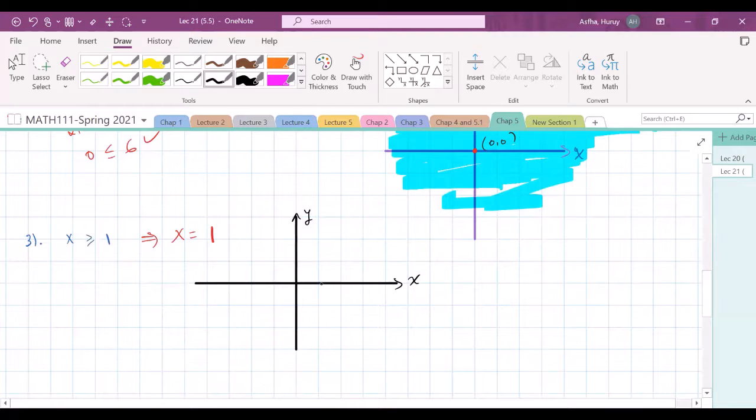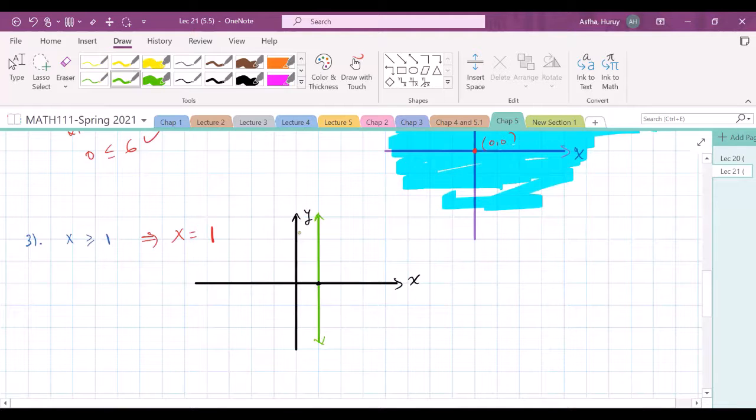So x = 1 is this point, so the line becomes a vertical line. Okay, so this is the line.